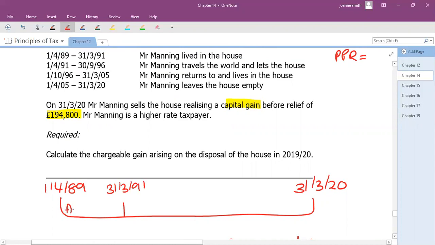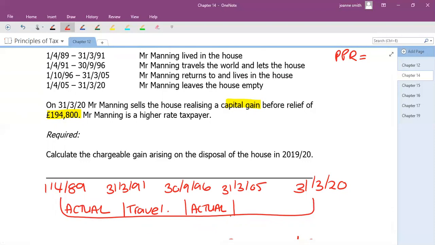So that's his actual occupation. Then he decides to travel the world, and that is until the 30th of September 96. So he travels. Comes back and he lives in the house, and that's till March 05. So that's some more actual occupation. And then he leaves the house empty, and that's it. So he never ever comes back to it.